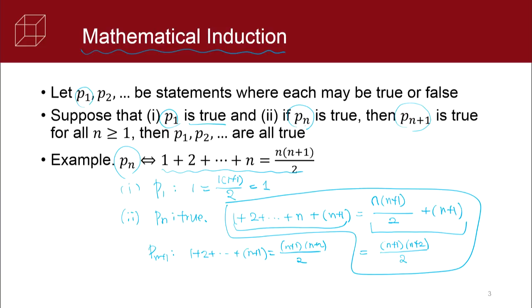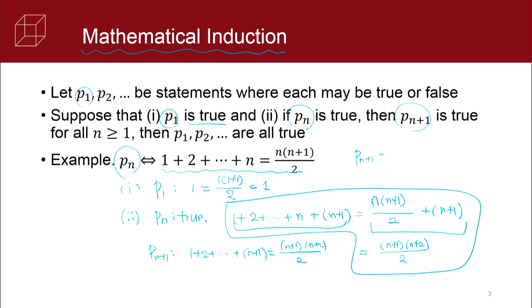So it follows from the principle of mathematical induction that Pn is true for all n greater than or equal to 1. Before moving on, I'd like to emphasize that there is a recursive relationship between Pn and Pn plus 1 as follows.